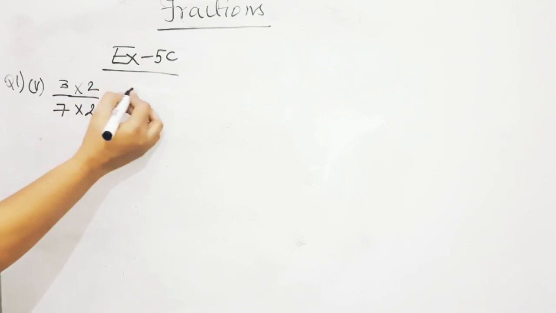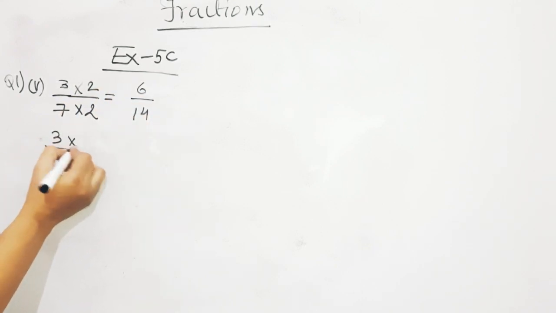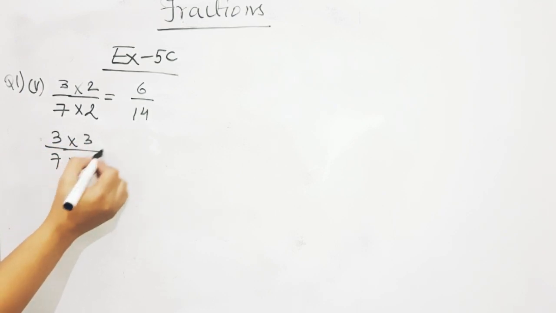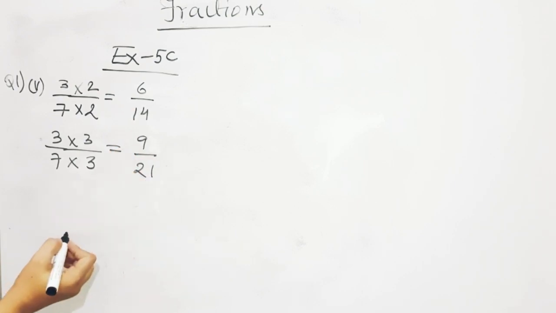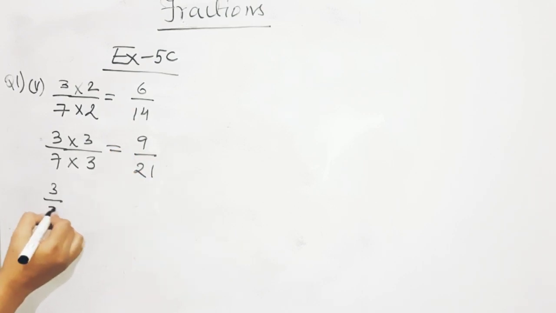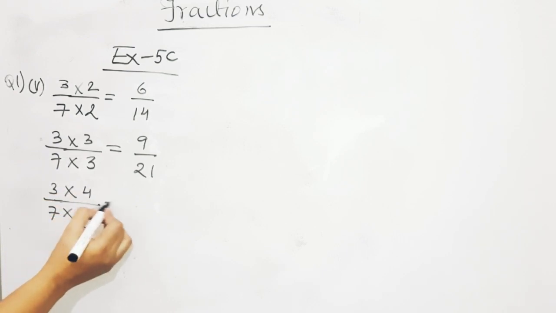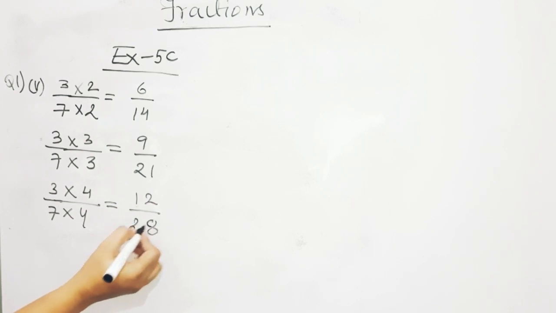First I multiplied by 2. Correct? Now to obtain the next equivalent fraction, I have to multiply the numerator and the denominator by the same number, that is 3. So it will be 9/21. Again taking the same fraction and multiplying the numerator and denominator by the same number, it is 12/28.